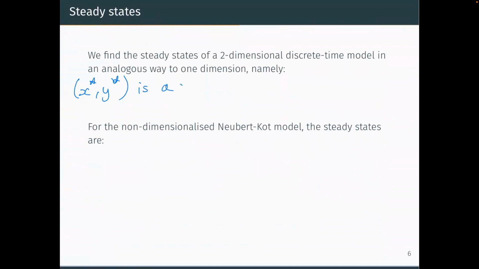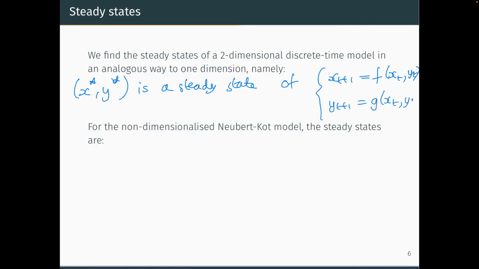We say that's a steady state of some functions xt plus 1 is equal to, and this time I'm just going to write it as f of xt, yt, and yt plus 1 is equal to g of xt, yt, if f of x star, y star is equal to x star, and g of x star, y star is equal to y star. Hopefully that should be fairly intuitive.